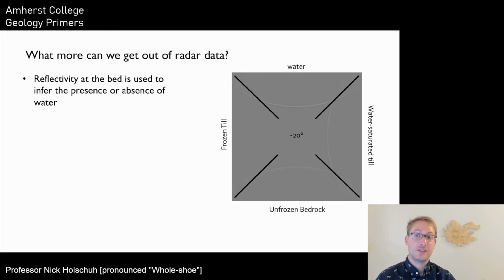Water being the brightest reflection, frozen till being the least bright reflection. So if we want to start to interpret the power that we're getting back at a radar, we have to make some assumptions or have some other constraint on what material is generating the reflection.